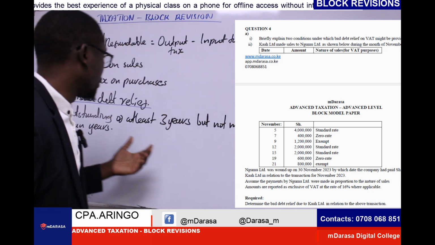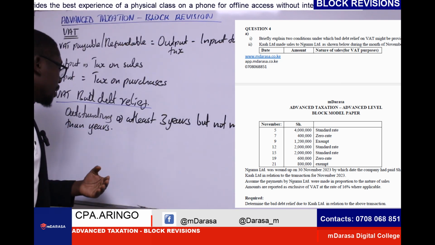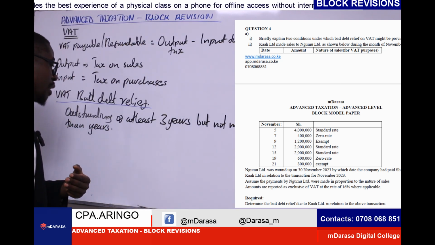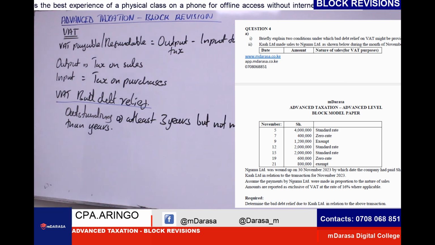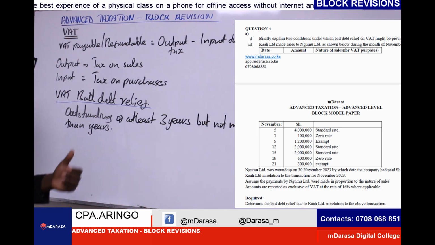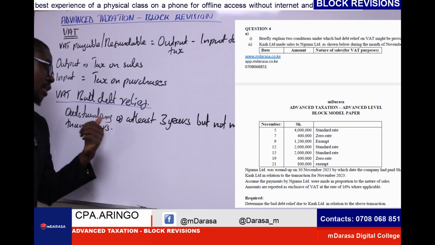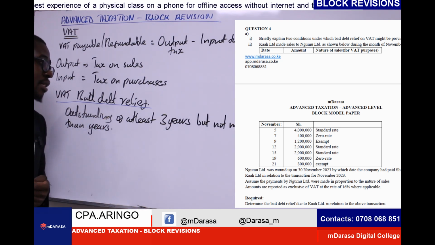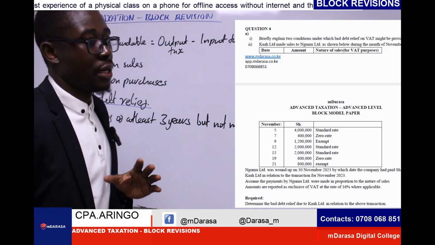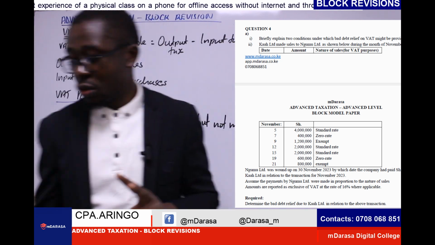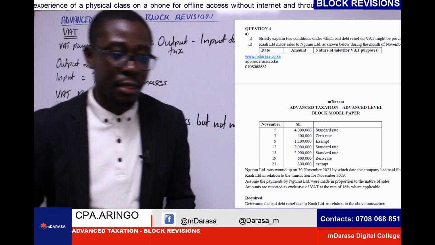Or condition number two, the outstanding amount must be of at least 3 years, but should not be more than 5 years. So these are two main conditions that we should always have in mind.